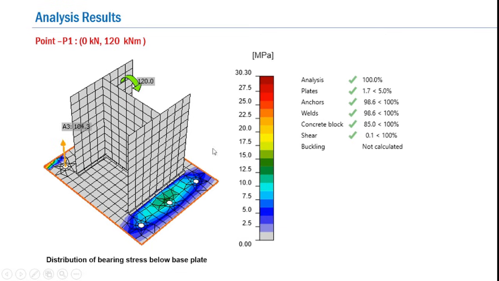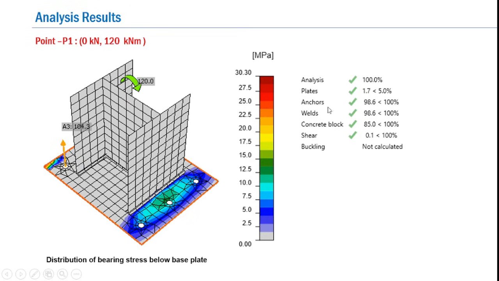So here we find that again the bearing stresses are not critical, because the bearing stresses are hardly of the order of, say, between 8 and 10 MPa. These are low values as far as C25, C30 concrete is concerned. And now the analysis results are plotted over here.